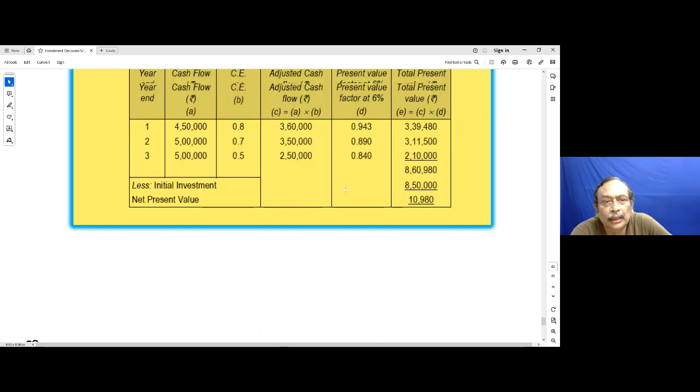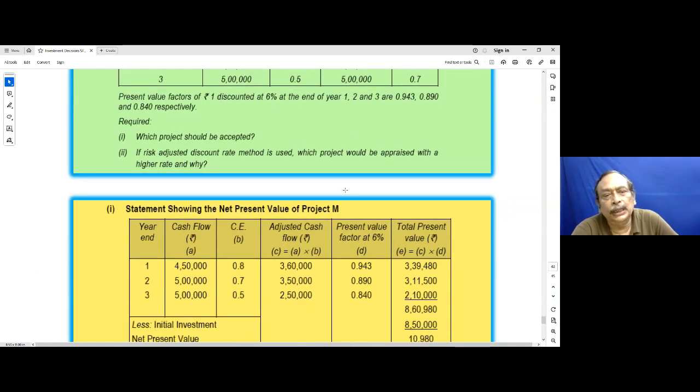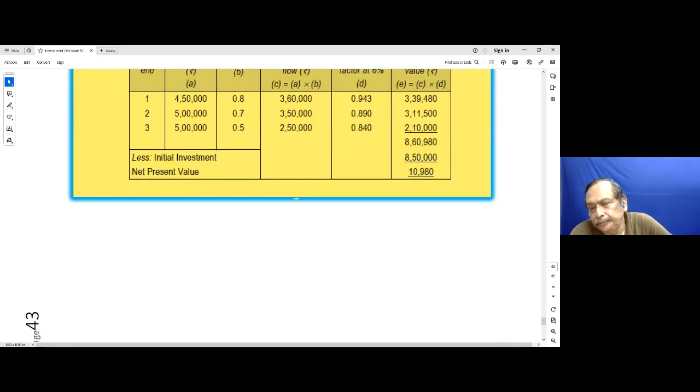Now we are going to the second part. If risk-adjusted discount rate method is used, which project would be appraised with a higher rate and why?